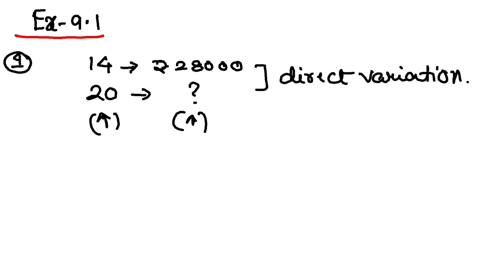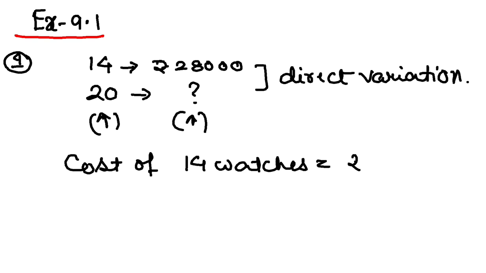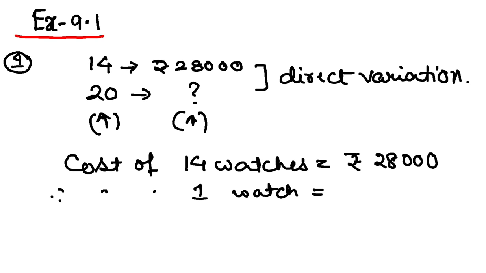How shall I write this? Cost of 14 watches is rupees 28,000. Therefore, cost of 1 watch is rupees 28,000 by 14.